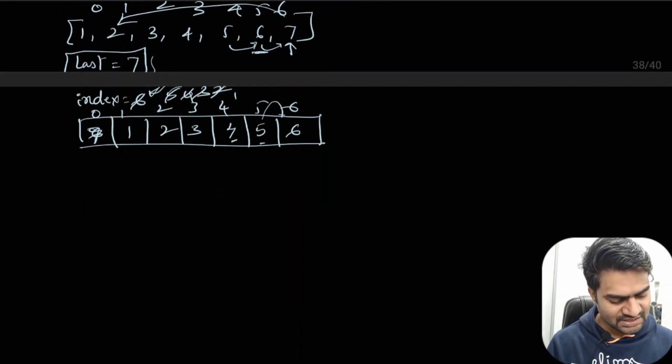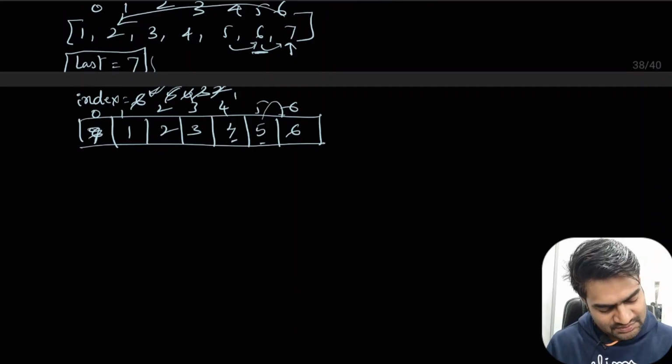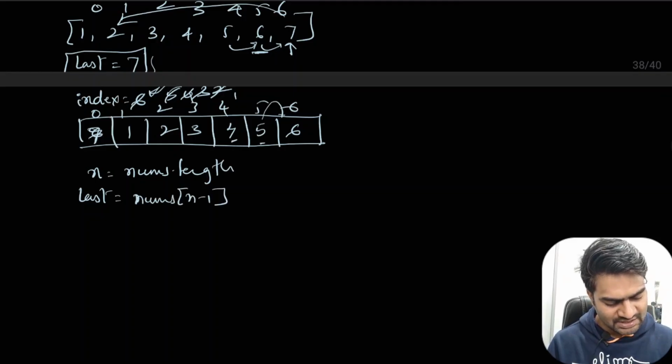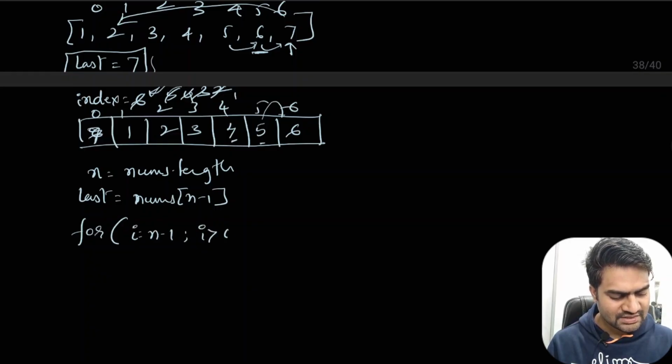So let us try to write a pseudocode for that. So now last equal to, so before that n equal to nums dot length. Okay, last equal to nums of n minus 1. Okay, then I will use for I equal to n minus 1, I greater than 0.